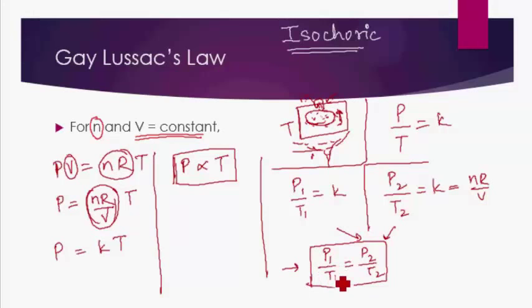Now coming to the graphical representation of Gay-Lussac's law, we know that here P is equal to K into T. So let's plot P on our y-axis and temperature on the x-axis.